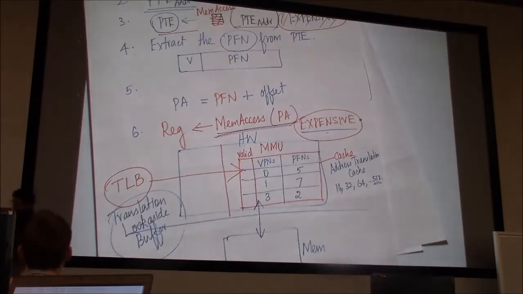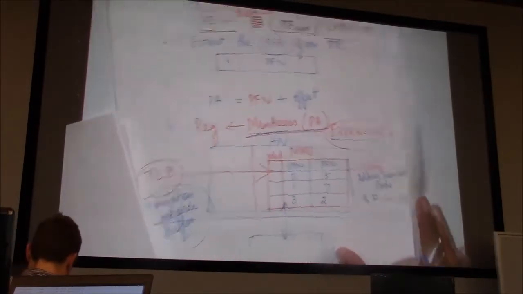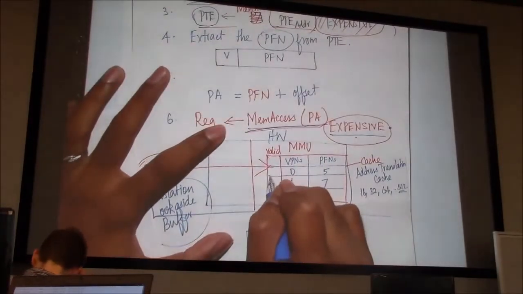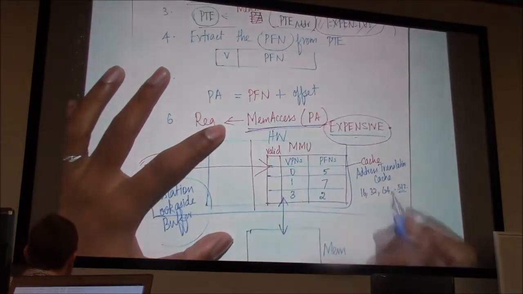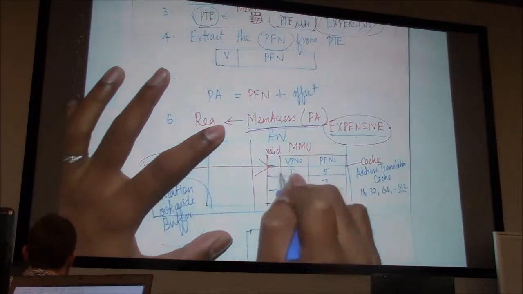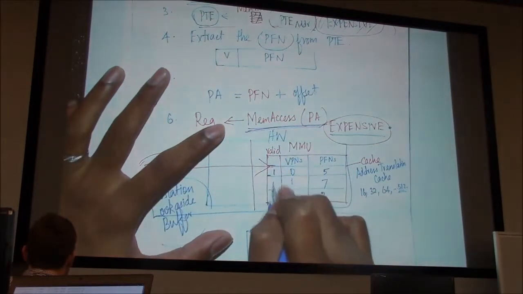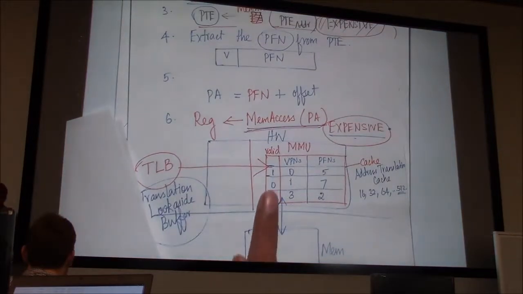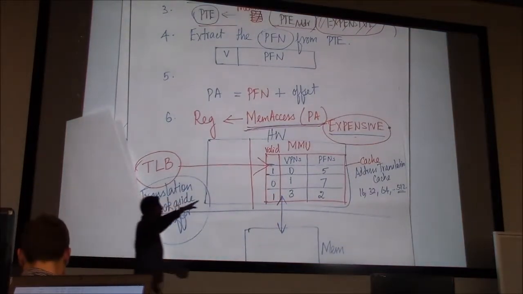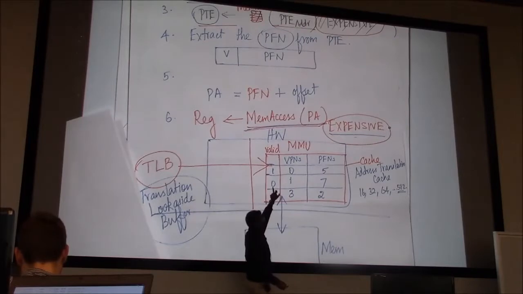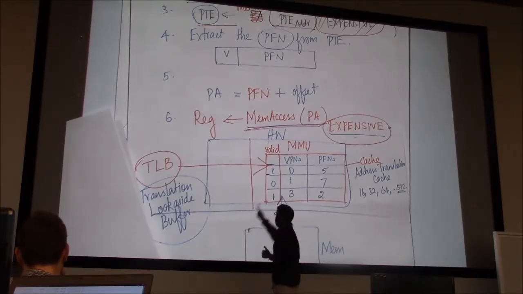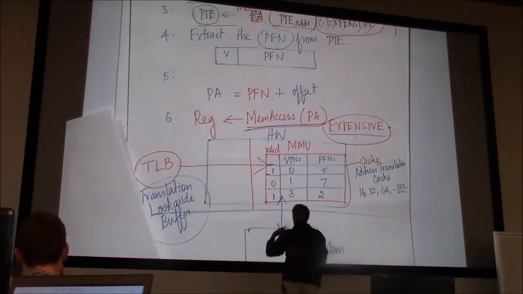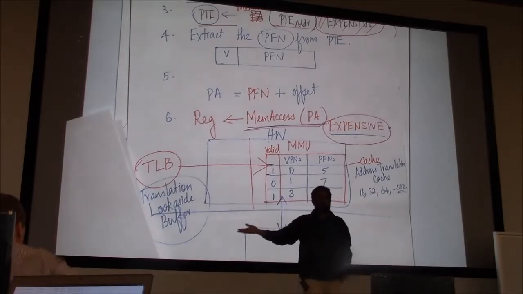So for example, these may be 1, 0, 1. If these are the 3 valid bits in a TLB, just looking at a valid bit of 0, we cannot say that that page is an invalid page.